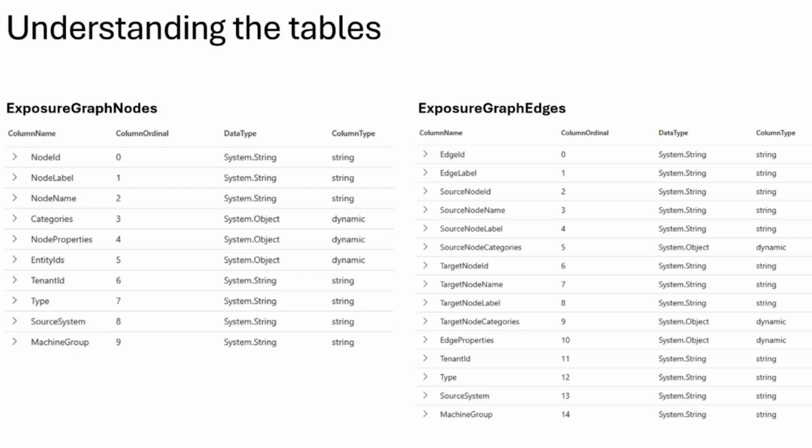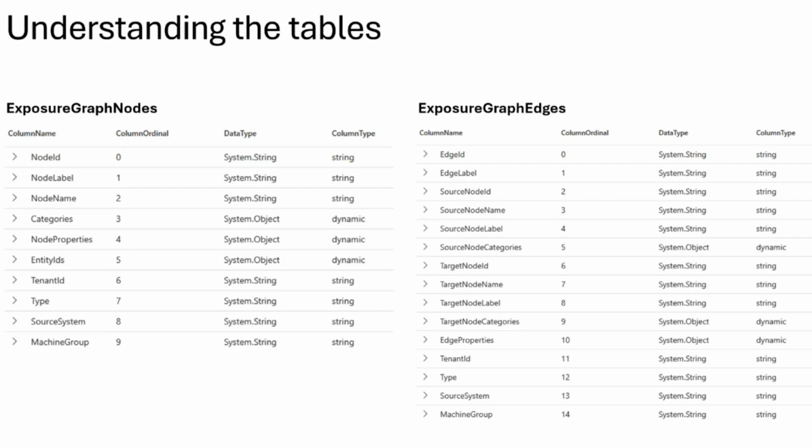So the edges, it's basically the data types that will identify how to connect those nodes. Each entry inside of the exposure graph edge will correspond to a directed relationship between the nodes. There is an arrow from one entity, which is the source, to another entity, which is the target.